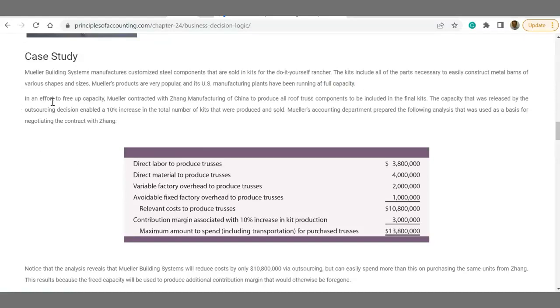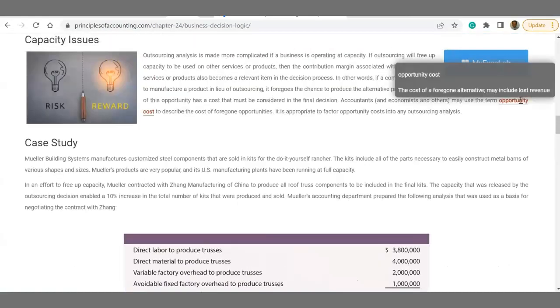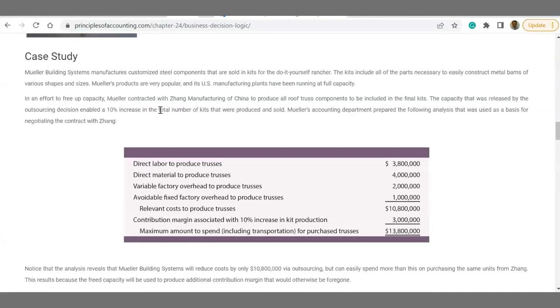In an effort to free up capacity, Mueller contracted with Zhang Manufacturing of China to produce all roof truss components to be included in the final kits. So a portion is going to be given to someone else, and we see if we have any opportunity cost because of that.